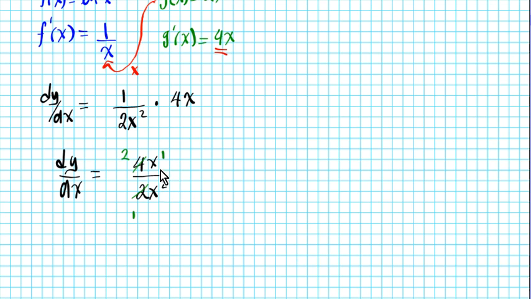So basically, x to the 1, you subtract 1 from the power of x squared. So that's going to become 2 over x to the 1. Like that. So dy dx is equal to 2 over x. And ladies and gentlemen, that's your final answer.